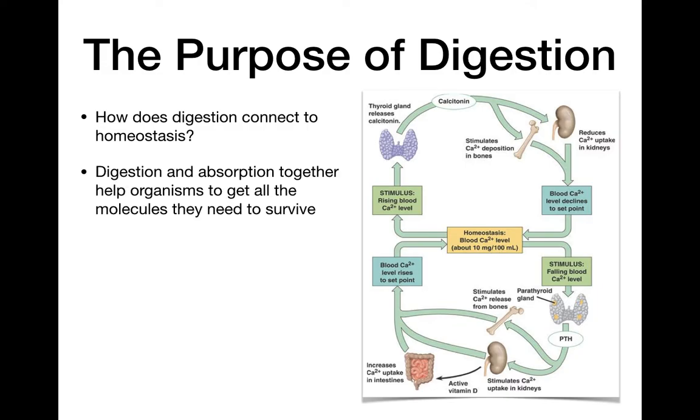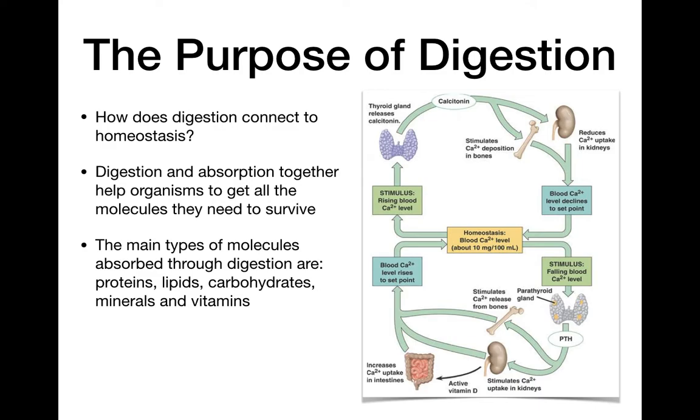Well, digestion and then absorption of the things that are digested, they're going to come together to help organisms survive and get all the molecules they need. So we need to have all sorts of molecules to survive, and all those molecules have a certain set point, a certain amount we need to have in our bodies to be able to function properly.